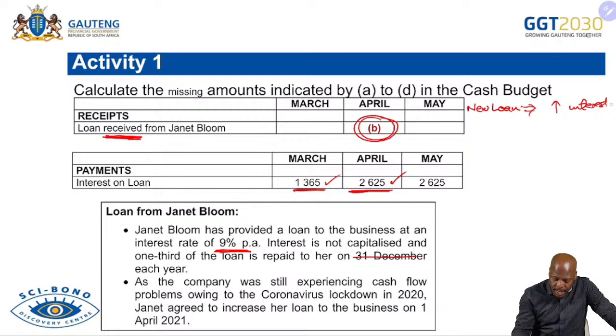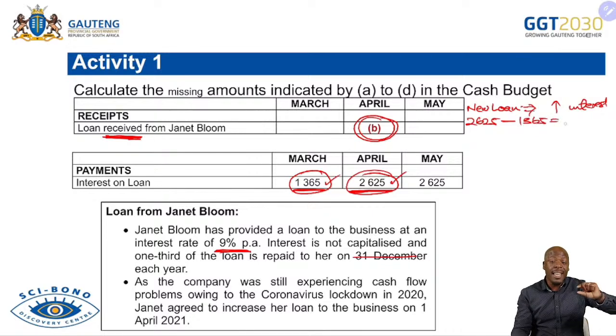Let's see how much was that increase in interest. We were paying 1,365. Now we're paying 2,625. So let's get the difference between 2,625 minus 1,365.